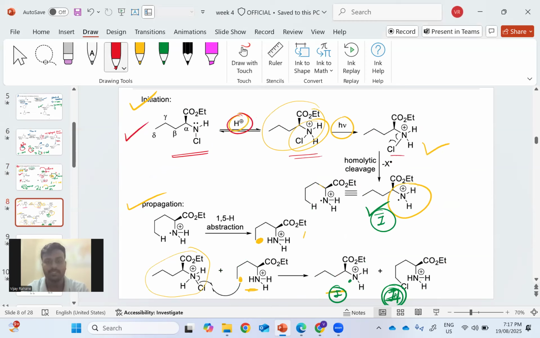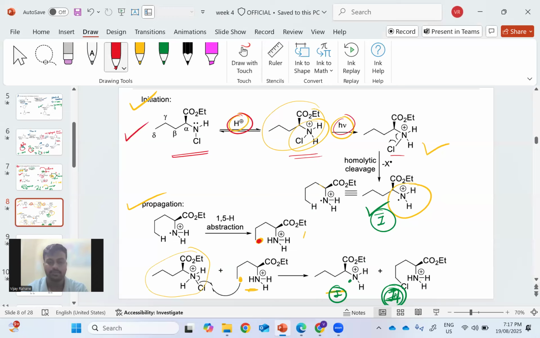There is first the protonation of the amine, followed by radical formation by the homolytic cleavage, right? And further, once this radical is formed, this intermediate abstracts the proton, that is the 1,5 proton transfer. So the radical now forms on the carbon, and this again reacts with one of the starting molecules, which has the NCl bond.